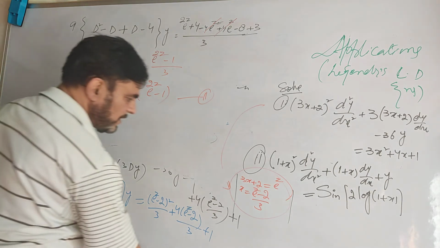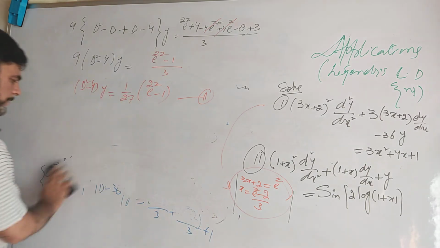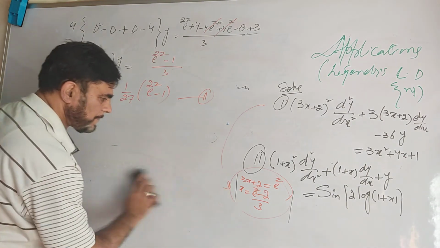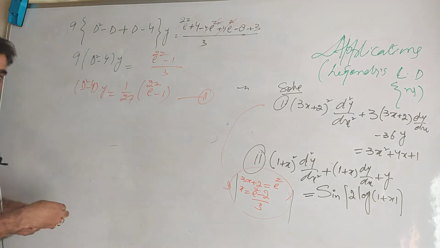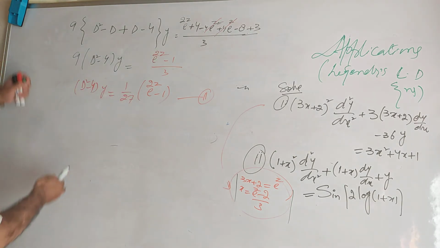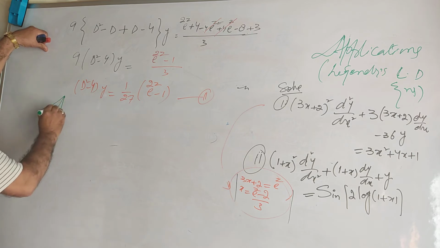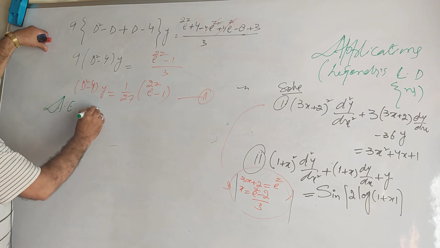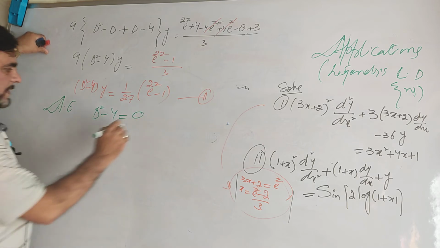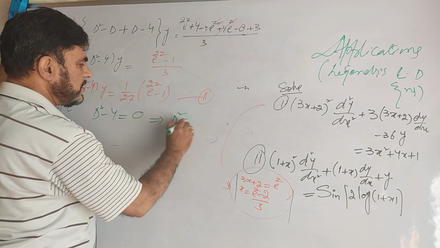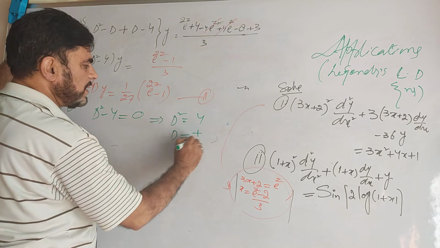You can solve it. First you have to find the auxiliary equation. What is the auxiliary equation? It is D square minus 4 equal to 0. This gives you D square is equal to 4. This gives you D is plus minus 2.